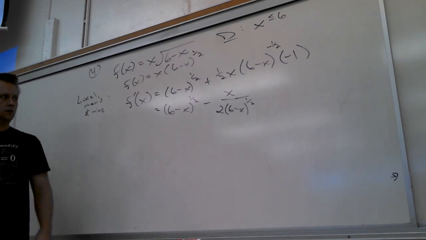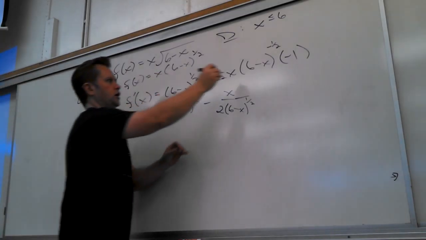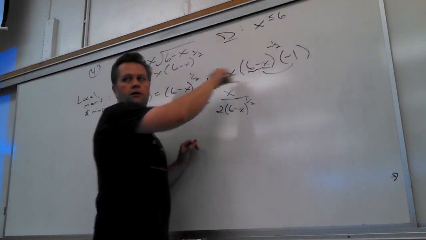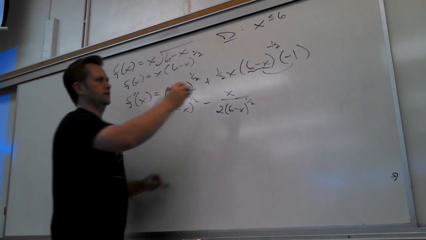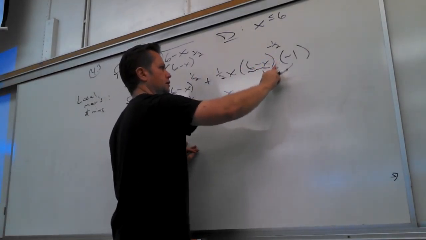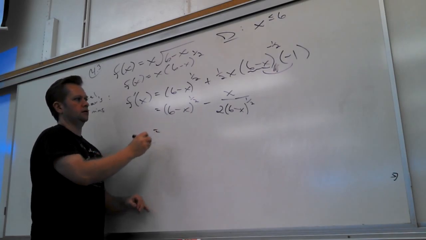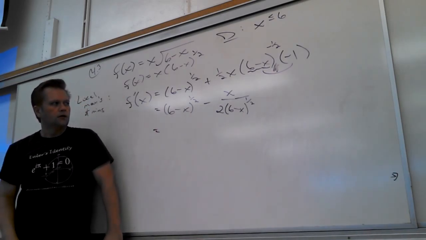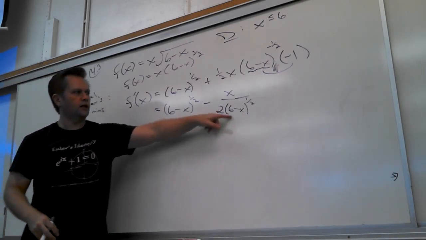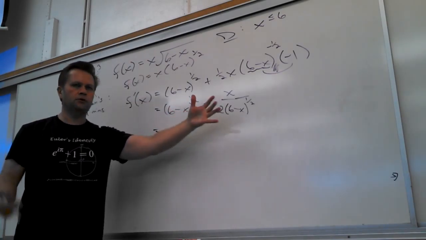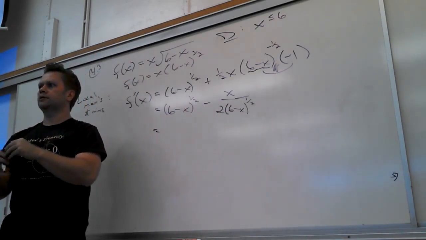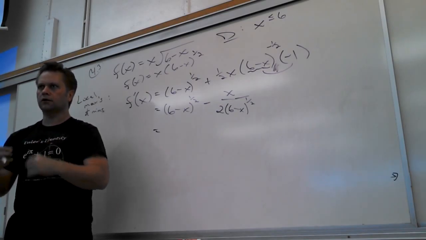Why is it negative 1? Oh, the chain rule, the derivative of the inside. Now I could have left that up top and factored something out, or I could get the LCD and put them together. Either way actually accomplishes the exact same thing, which is a little weird.